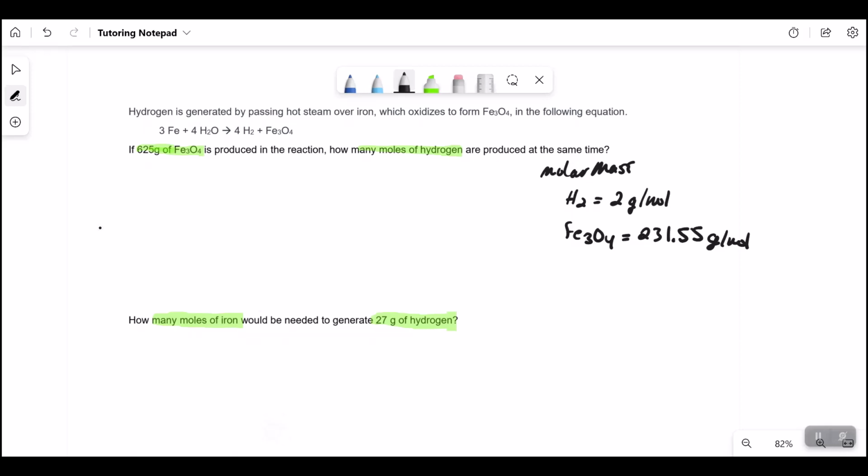So we're starting at 625 grams of Fe3O4. We want our grams to cancel, so we would use the molar mass, so 231.55 grams of Fe3O4 to 1 mole.